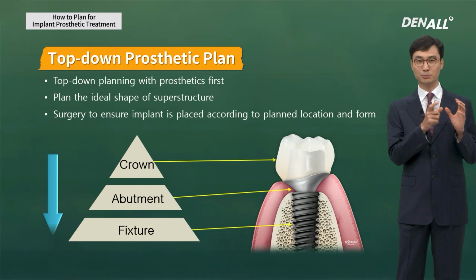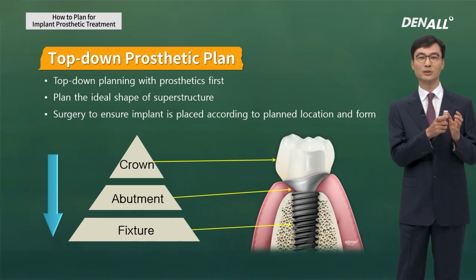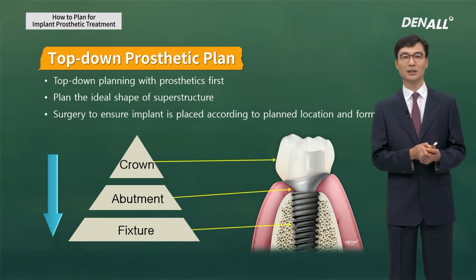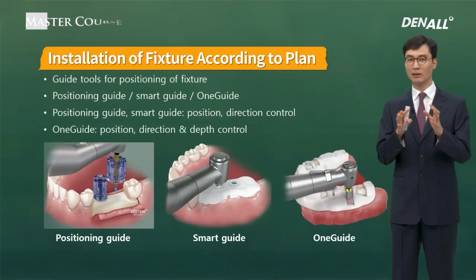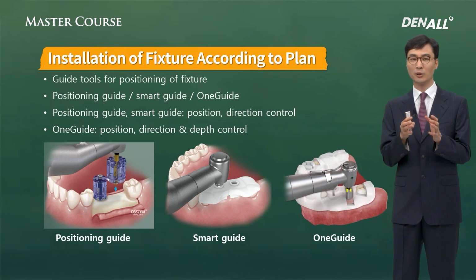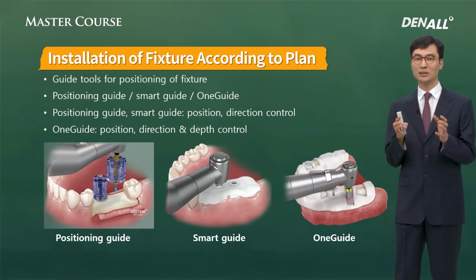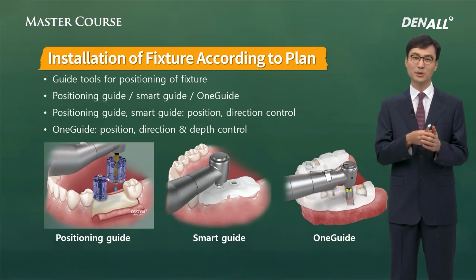The superstructure needs to be planned first, and then in line with that, you come up with the implant placement plan. Following the top-down method, in order to do this, implant needs to be placed in correct position.